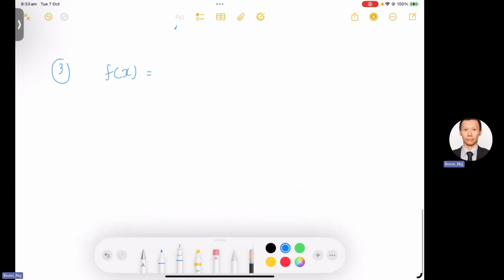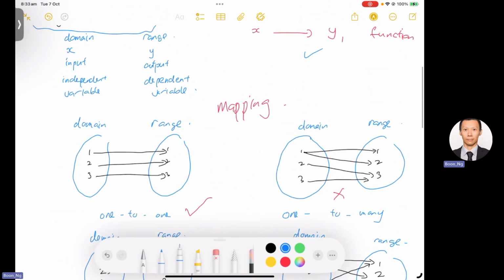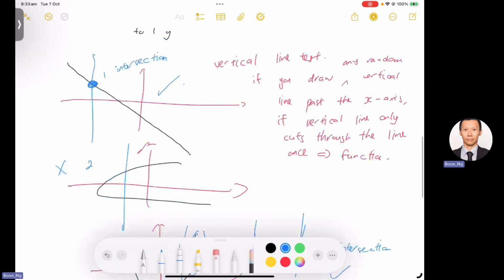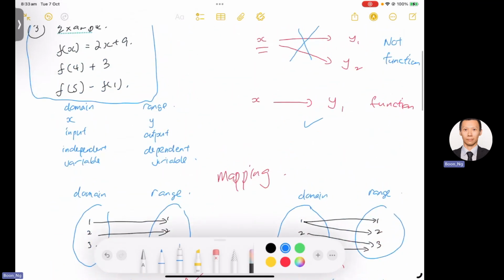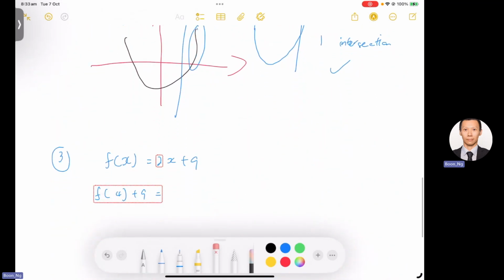Now next we're going to try our own example. f of x equals 2x plus 9. We're going to look for the value of f of 4. So what we do is you can see this 4 and we substitute it into this function.